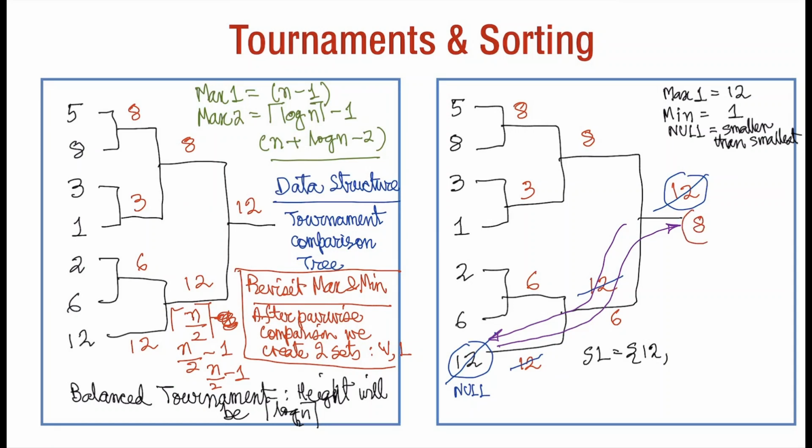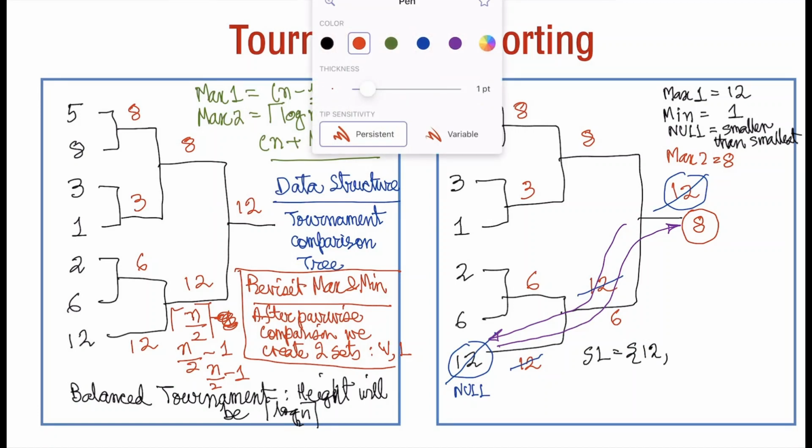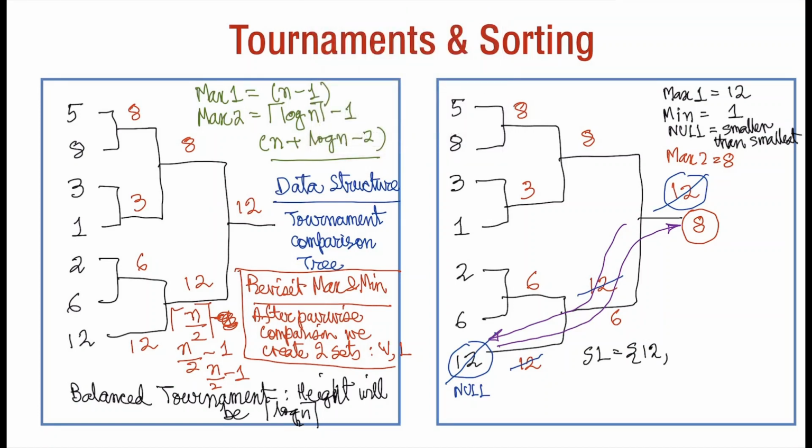So once we have 8, we know that we have got max 2 equal to 8. So what do we do? We remove this max 2 element, put 8 here, follow this path back to its trace and make it null.